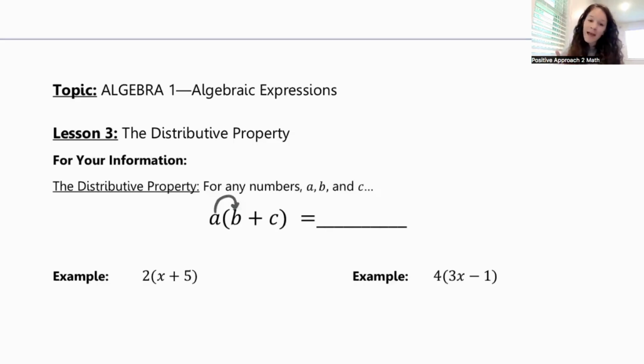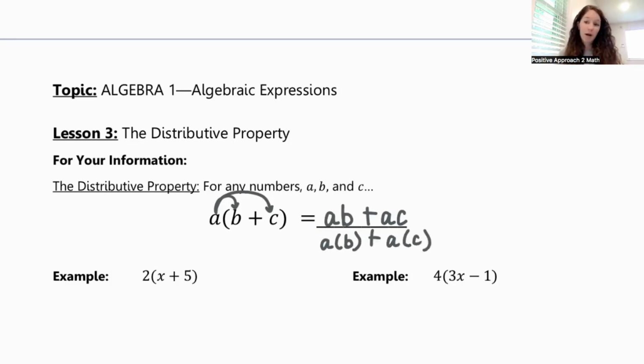You can distribute that A, or multiply A by everything in parentheses. So you do A times B, and then A times C. That is your distributive property.